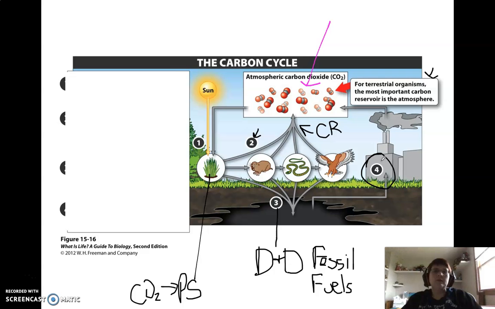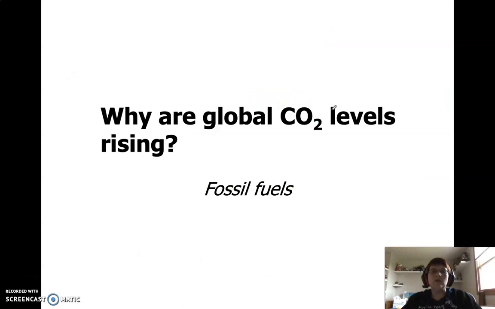When we burn that fuel, we release carbon dioxide back into the atmosphere. And so this is why our global CO2 levels are rising. As we burn the fossil fuels that were locked away millions of years ago, those carbon dioxide molecules that were locked away with them are going to get put back into the atmosphere and increase our CO2 levels.